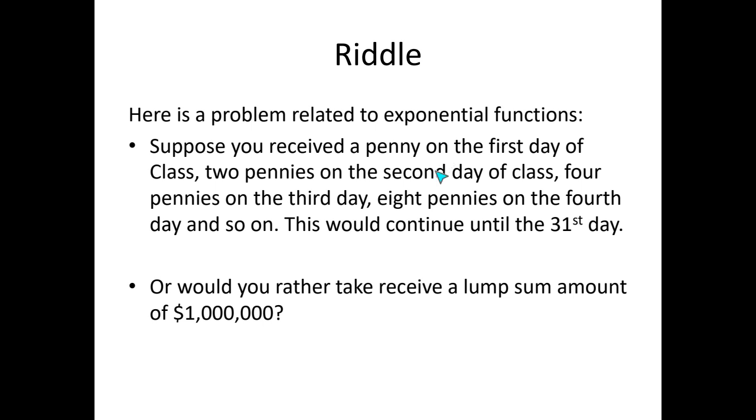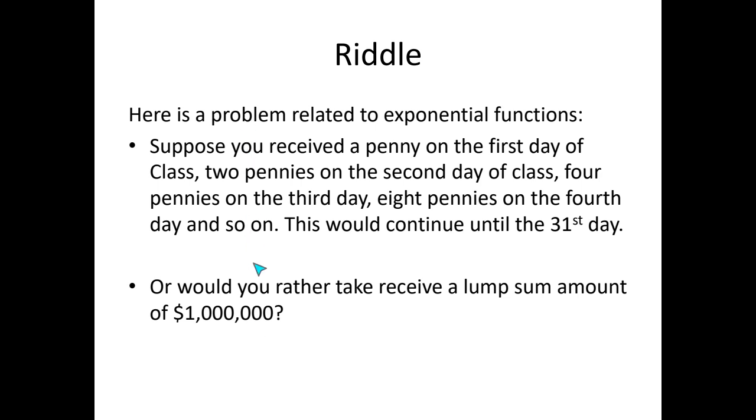So suppose that I gave you an option to receive a penny on the first day of class, and then the next class day, I would give you 2 pennies. And then on the next day, I would give you 4 pennies and then 8 pennies and so on. Or you would have an option of getting $1 million on that first day. Which one would you take?